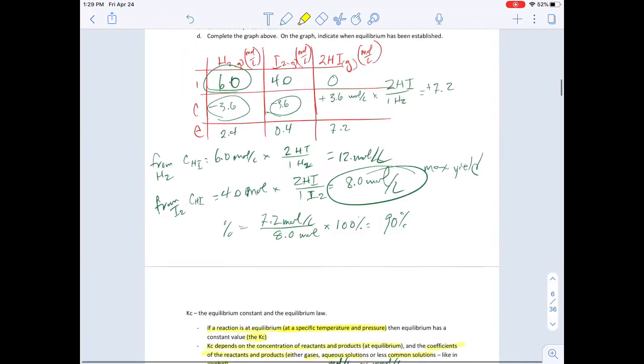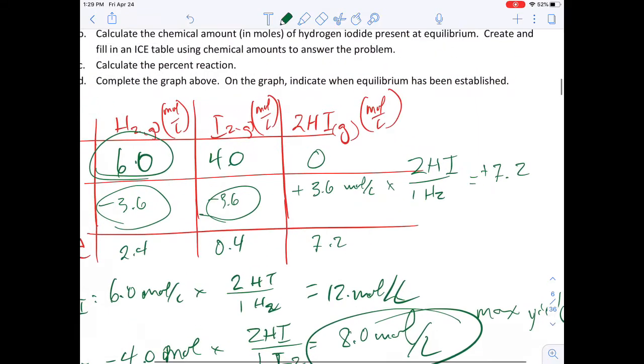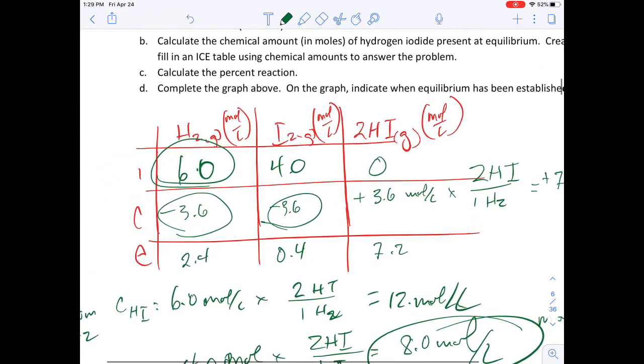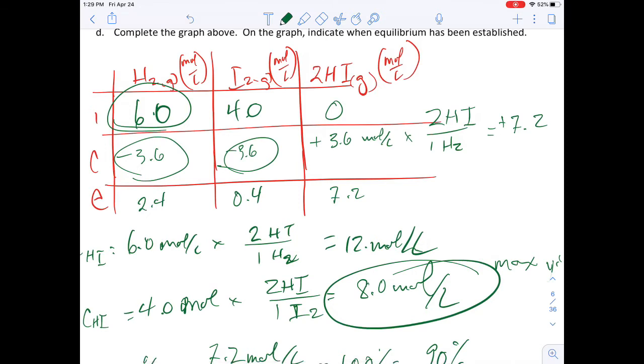So for instance, if we wanted the equilibrium constant for this reaction, the reaction had hydrogen and iodine, so the Kc equals the concentration of hydrogen iodide squared over the concentration of hydrogen and iodine.